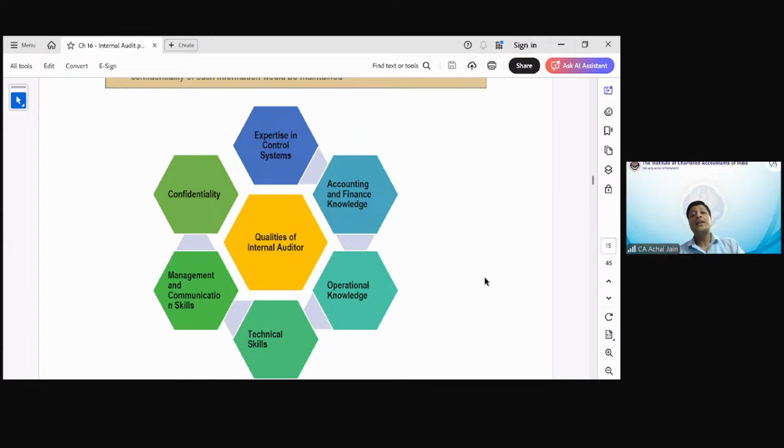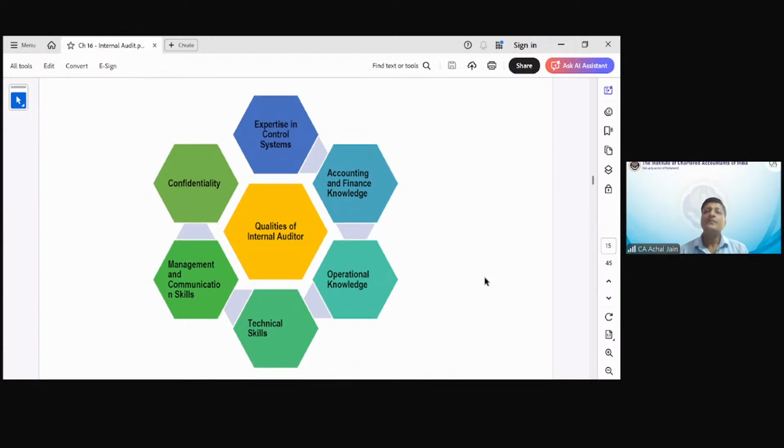See, the internal auditor is there to examine something, and the management is there to perform. One is the doer, the second is the checker. If you understand the concept of maker and checker, one is the maker, the second is the checker. For the checker to check something, it is very important that the checker has the requisite skill set, requisite knowledge, as well as an understanding of what the maker has done.